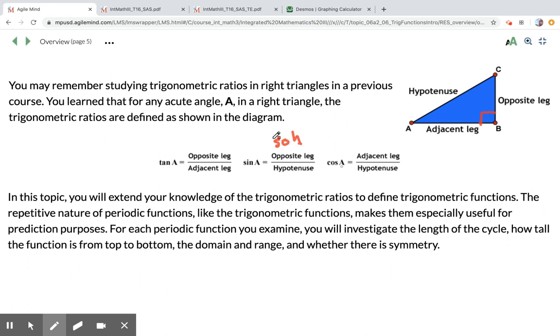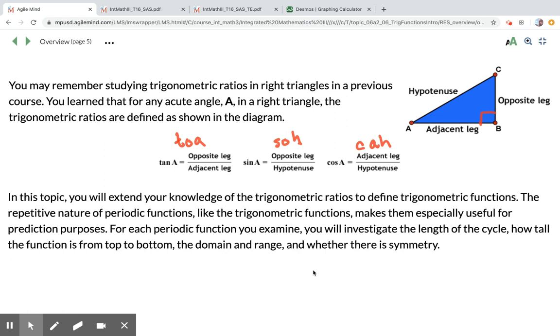And then the cosine of angle A was the adjacent leg over the hypotenuse. And then the tangent of angle A was the opposite leg over the adjacent leg. So we called it TOA. And remember how you used those to help you find stuff on your triangles? It was really cool. And you used a calculator because calculators are good for you, like vegetables.